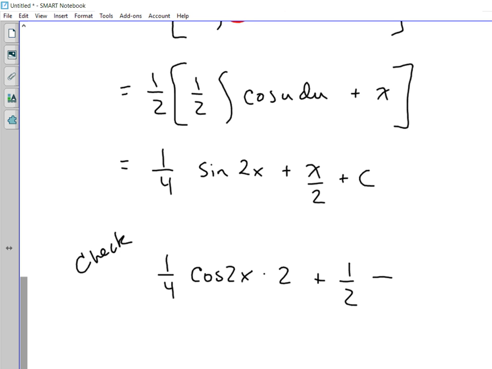So this just gives me cosine of 2x all over 2 plus 1/2, which is, oh, sorry, cosine squared, which is what I want. So I'm good. Okay, remember, you can always check your work by doing a derivative.